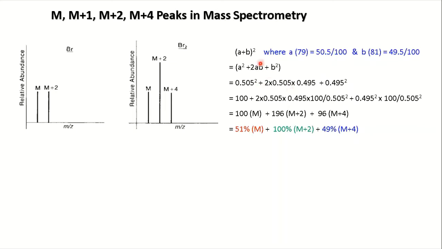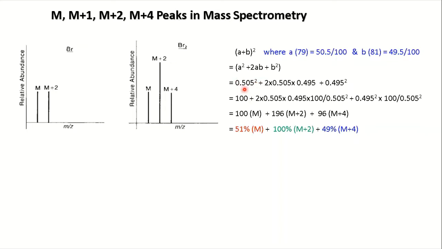Now what you do is take these values. Don't sum them up to come to one value. No, individually you just need to do the calculation and make the A square term 100, and then calculate what the situation of the others will be. So what I have done is made 0.505 square into 100.